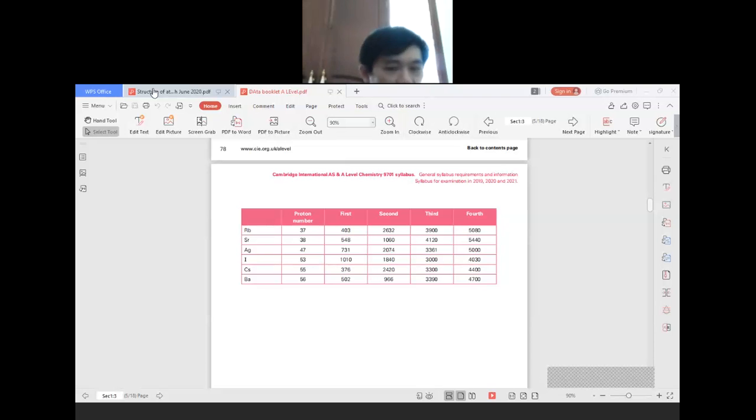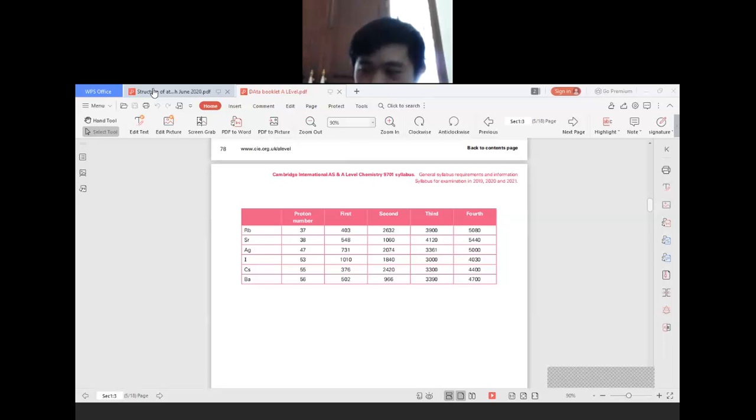Group 2. Radium is also group 2. Is radium below barium or above barium? Radium is below barium. Exactly, below barium.